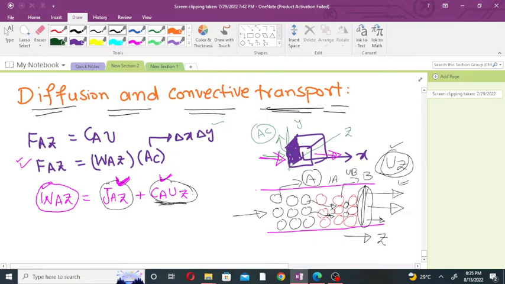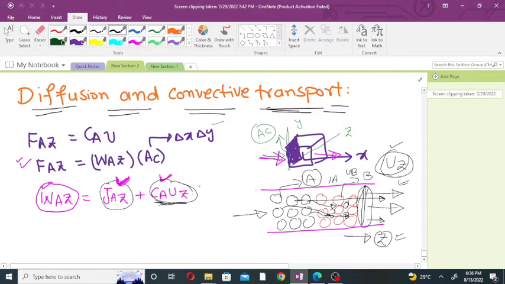So component A can either diffuse through component B by the diffusional flux phenomenon, or component A can flow inside the system from the left side to the right side in the z direction, which is called the flux due to bulk flow of component A and component B.